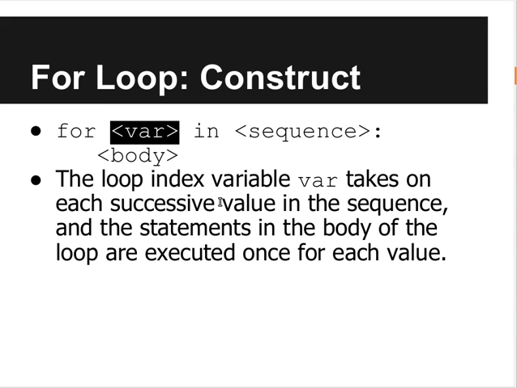So if you were starting at 0, 1, 2, 3, the first time you go through the for statement, var would be assigned 0, then it would go through that body of code, and then once it comes to start the loop again, now it would assign 1 to var, and then go through the body of code again, and so forth and so forth.